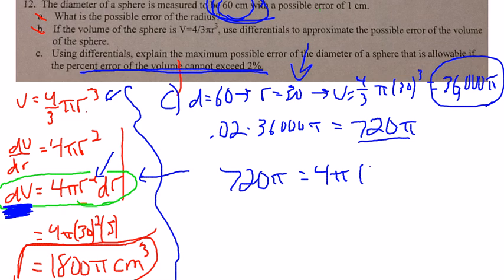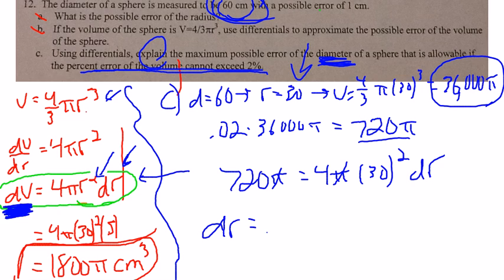So times 30 squared, and then my dr, which it should say estimate maximum possible error of the diameter. So I can find dr, and then I can double it, just like I halved it in part A. So my dr is what I'm going to solve for. Divide by pi, divide by 4, divide by 30 squared. I get dr equals 0.2 centimeters.